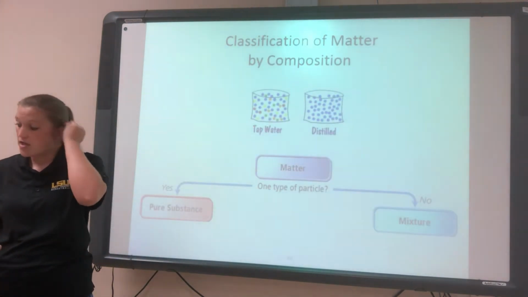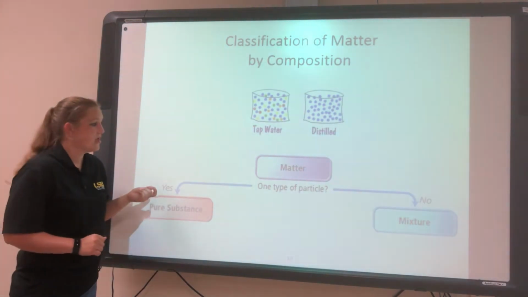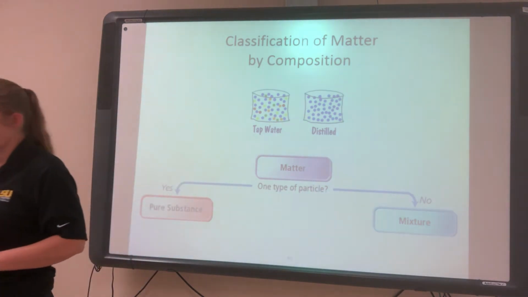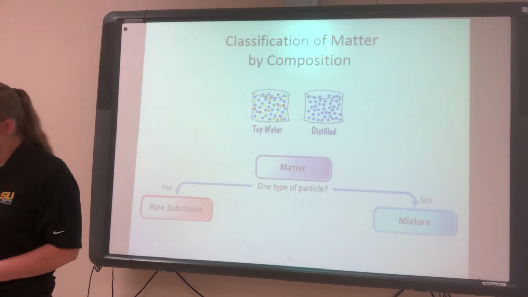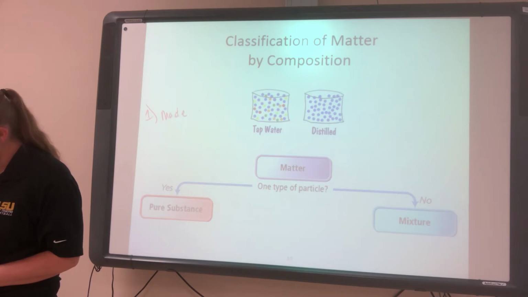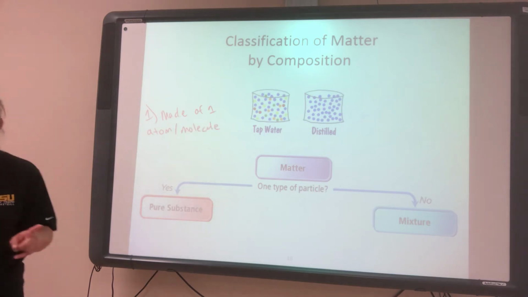Okay, so let's talk about this one first. Let's talk about the difference between a pure substance and a mixture. All right, so if I'm a pure substance, I have some qualities. First, I'm going to be made of one atom or molecule. So think about, I'm only made up of one thing.